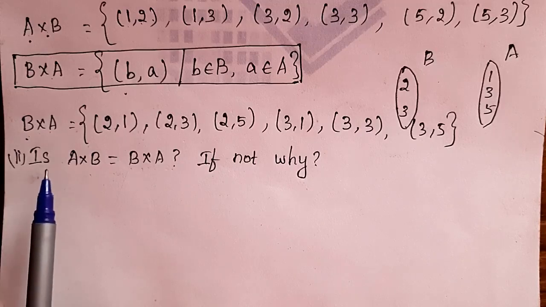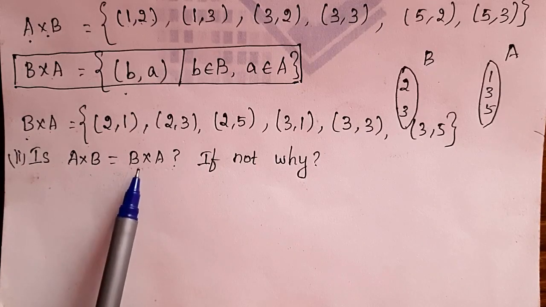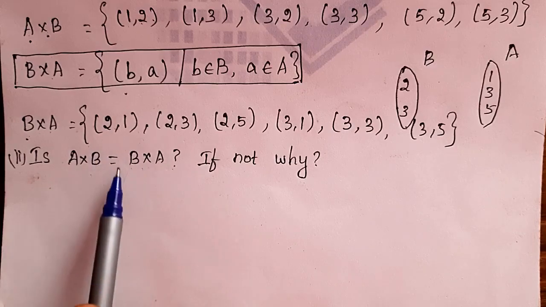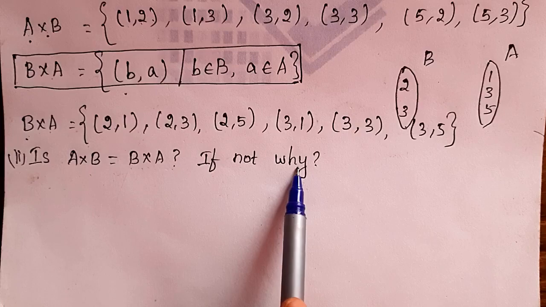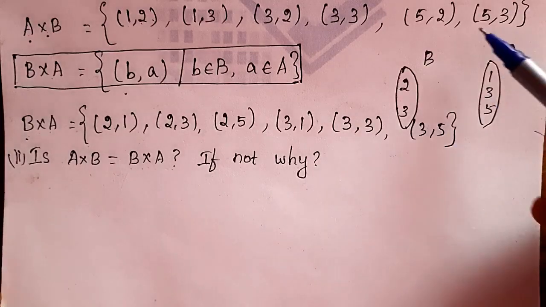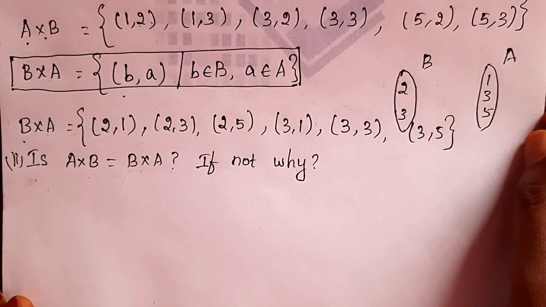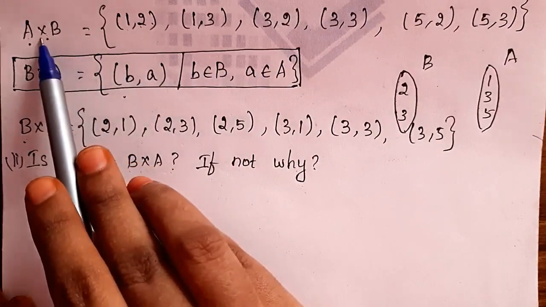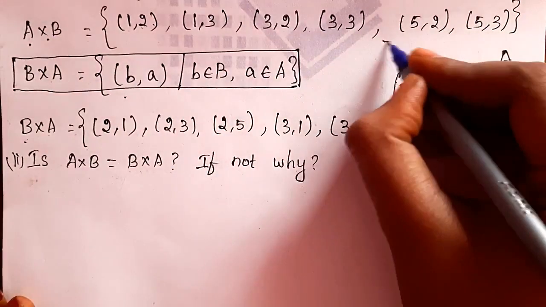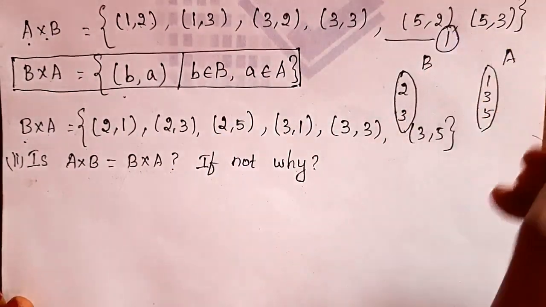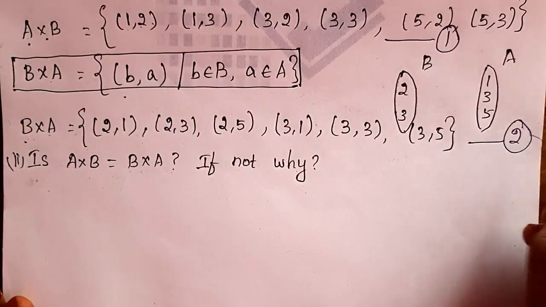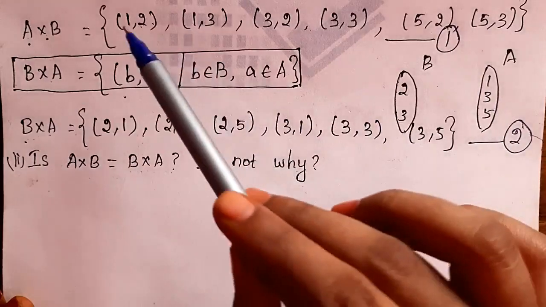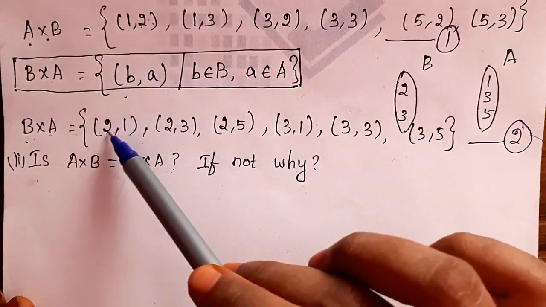Second part: is A cross B equal to B cross A? Already we know both are not equal. If not, why? So we are going to prove that with the first part. Look at the first part. You have A cross B; you can take this as equation number 1. Next, B cross A is equation number 2. When you compare both, look at (1, 2) and (2, 1).